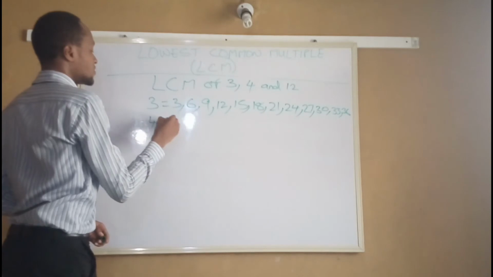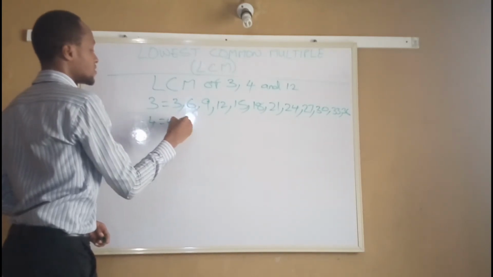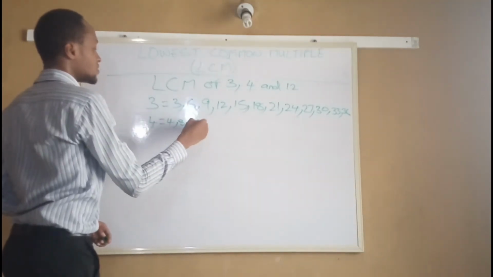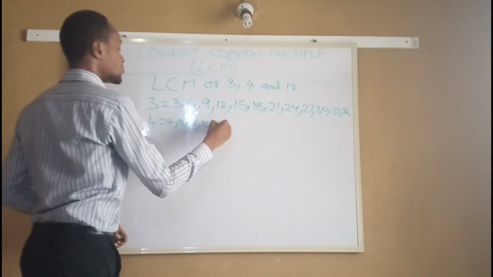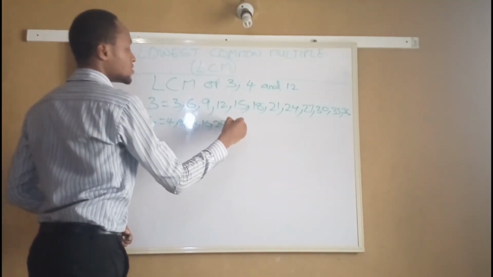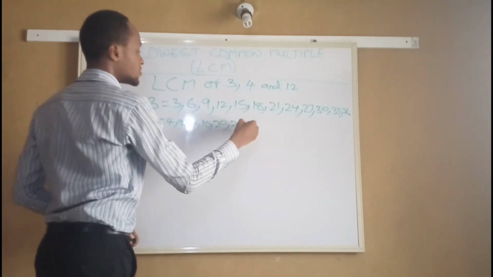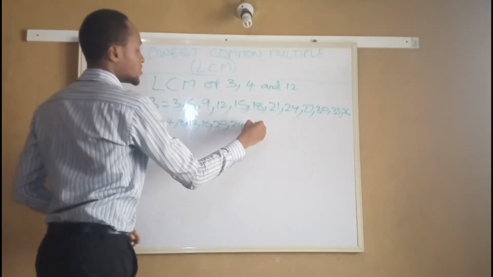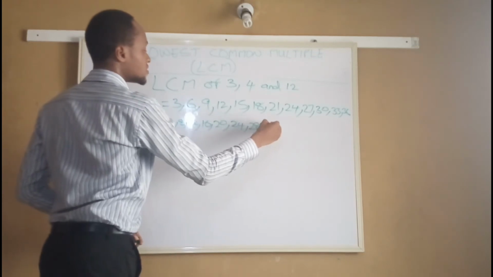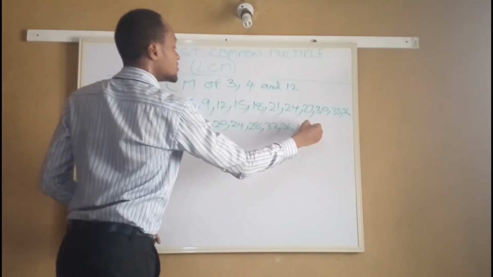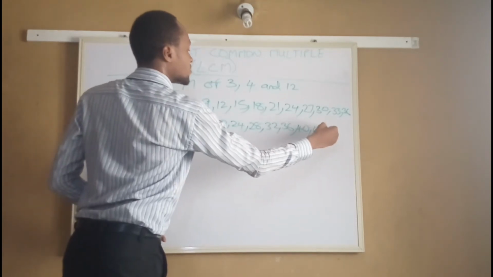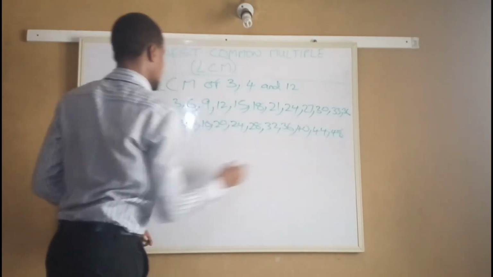Then the multiples of 4: 4, 8, 12, 16, 20, 24, 28, 32, 36, 40, then 44 and 48.